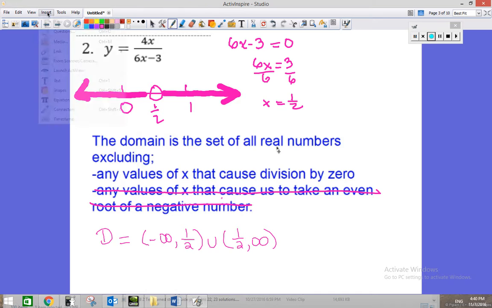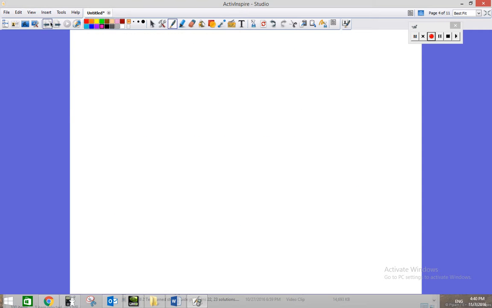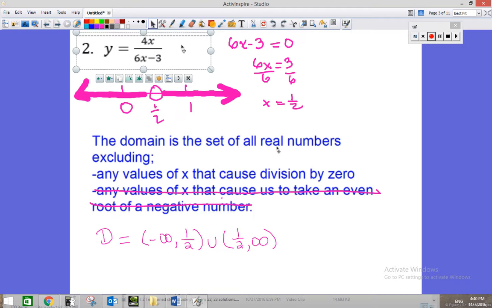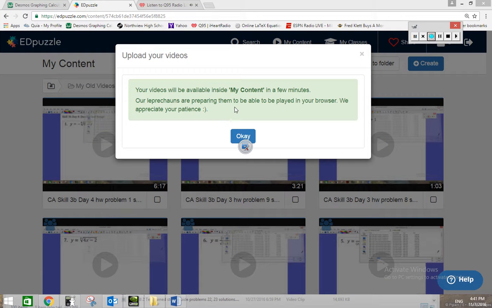So let's come in and look at the graph so we can find the range.